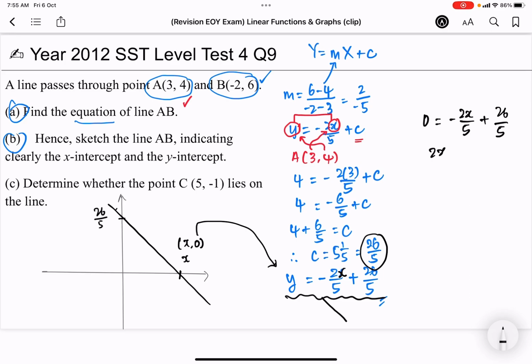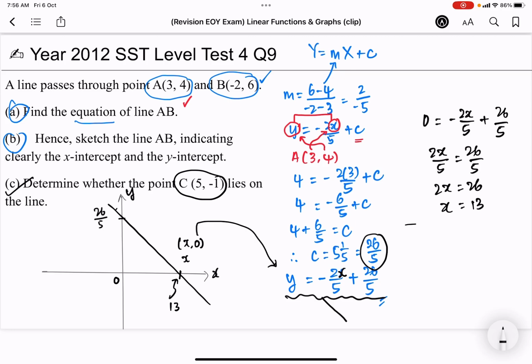And by reorganizing the terms in the equation, we will have 2x equal to 26 and x is equal to 13. Now, our x-intercept is 13. So to complete the sketch, we must remember to label the origin and the y-axis, and that's completed.